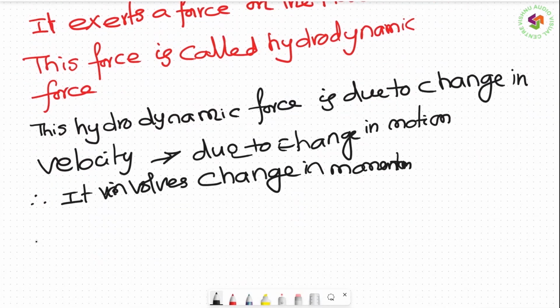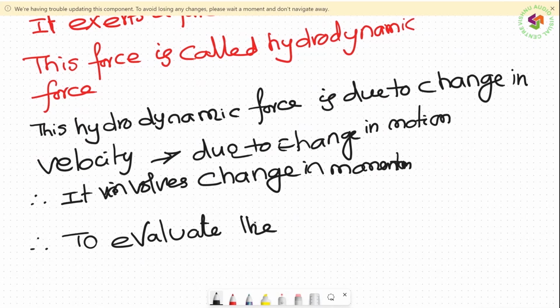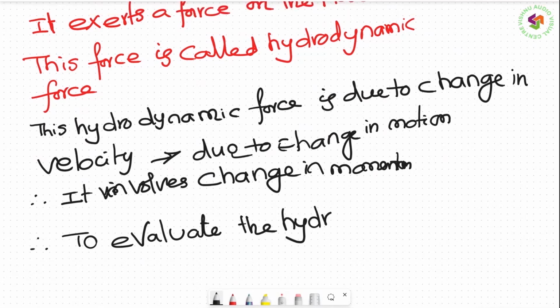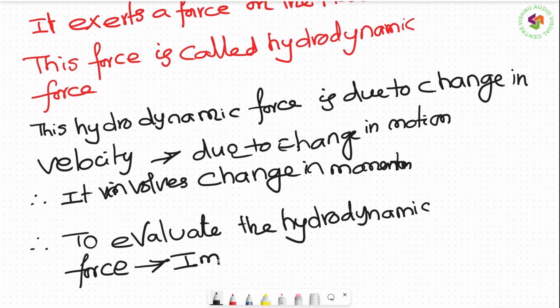Therefore, to evaluate the hydrodynamic force, very important, we use the impulse momentum equation.